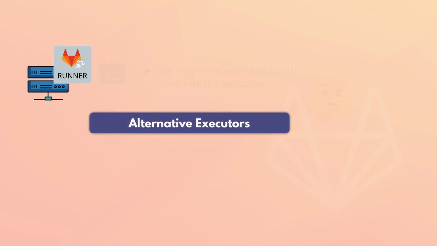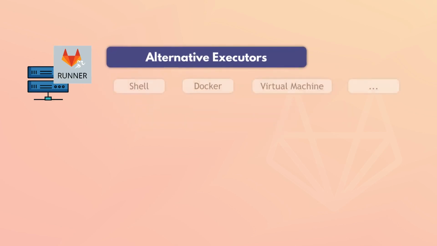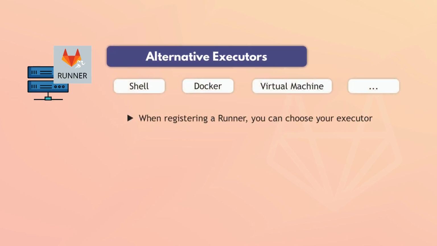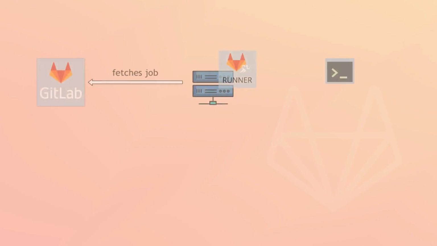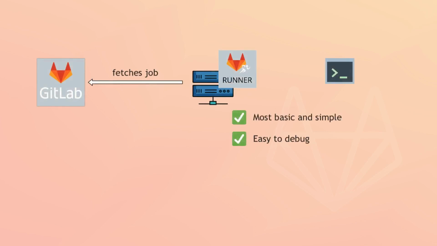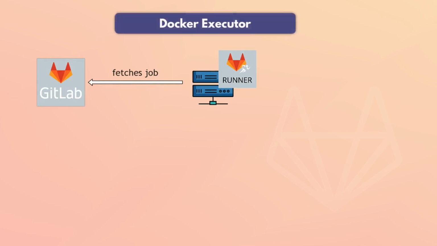Yes, in fact, GitLab supports multiple execution environments or executors in addition to the shell executor. So the shell executor, as I said, is the most basic and simple one, but it has all these limitations. And a better alternative to that is Docker executor.